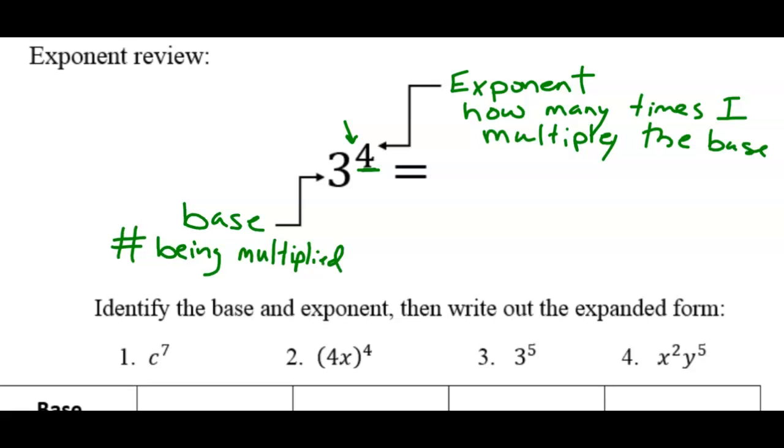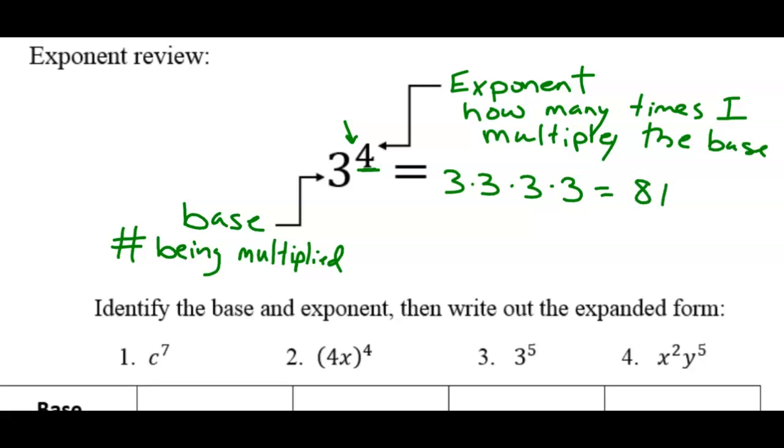So my base is the number being multiplied, and my exponent is how many times I'm multiplying it. That answer is not 12. That doesn't say 3 times 4. It says 3 times 3 times 3 times 3, which is equal to 81.